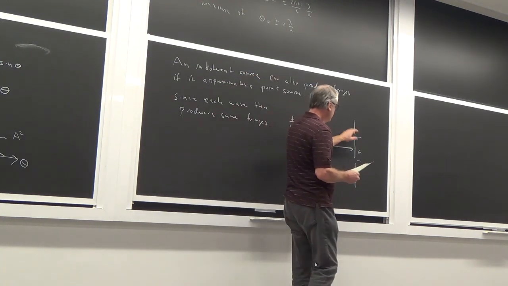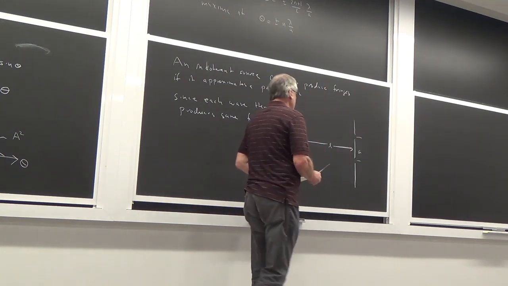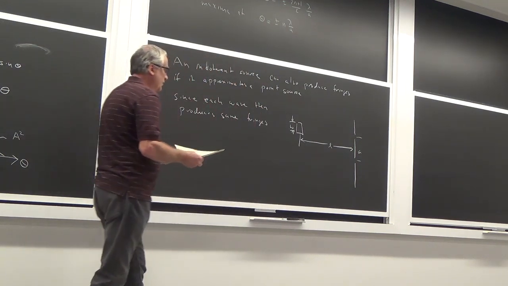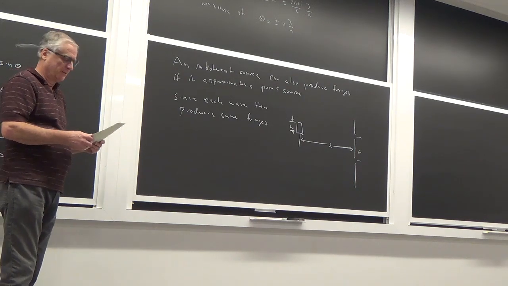Because once the waves reach here, it's like each wave is a coherent thing across the two apertures, and you get a fringe pattern from that wave, and then you get the identical fringe pattern from the next one that comes along.